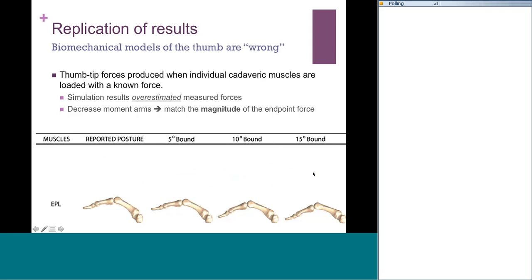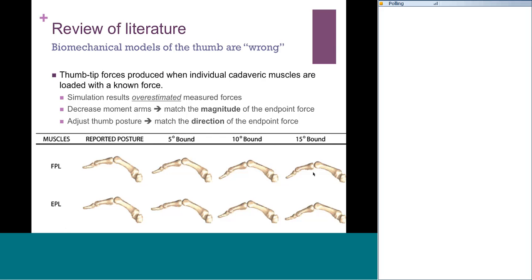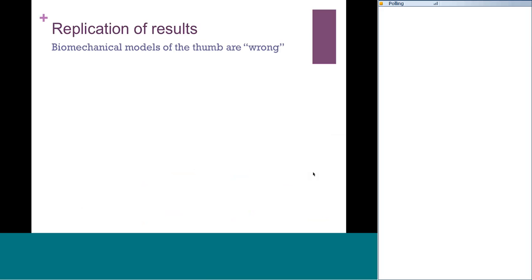So basically, by trying to simulate the cadaveric data, we proved that the biomechanical models of the thumb were wrong again. We overestimate measured forces from cadavers. We have to change the posture of the thumb, and we have to decrease the moment arms to replicate the data.